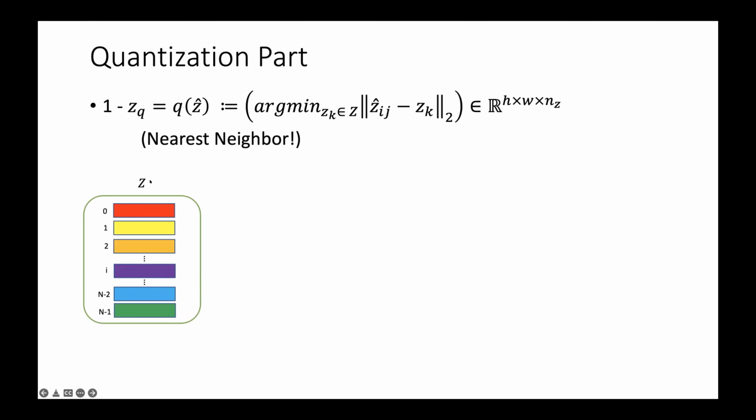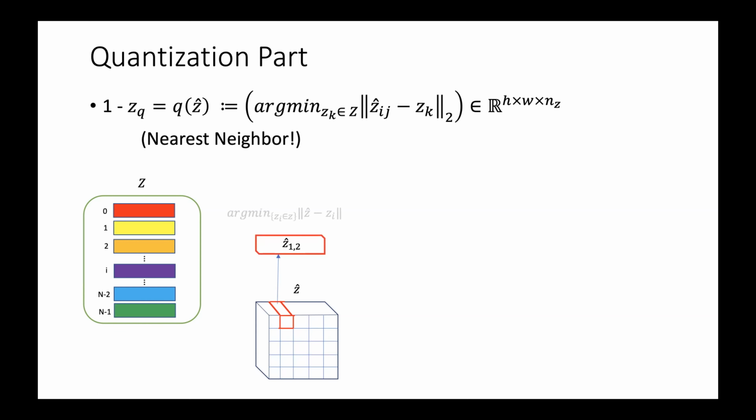If we have this codebook Z and we have these latent space features, which they named Z hat, and we extract this block, which is the block Z hat 1, 2, we are going to take the Euclidean distance between each token of the codebook and this block. If we do that for index 0, we get for example 12. For 1 we get 100. For 2 we get 8, and for i we get 4.